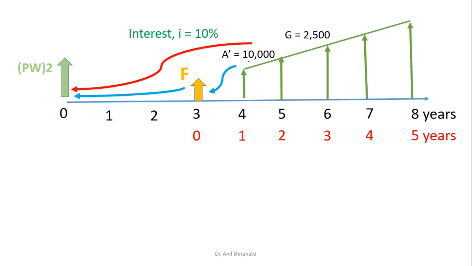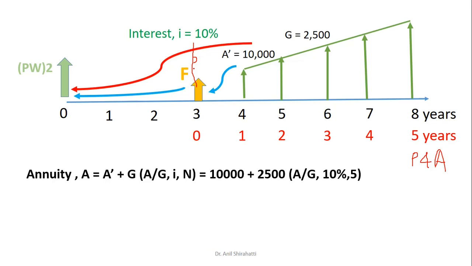So as the relationship is between P and A, why P and A? Because I am considering this as my present worth now. So let's start to solve this one. We don't have any gradient-type relationship between P and A, so this has to be converted into A first.